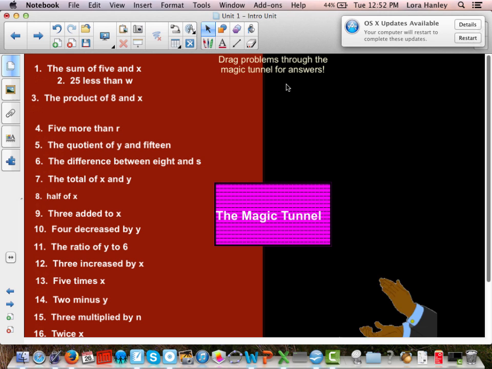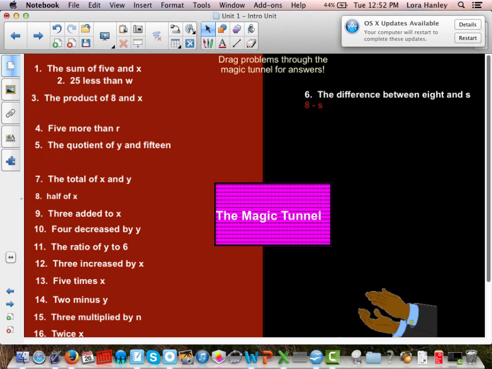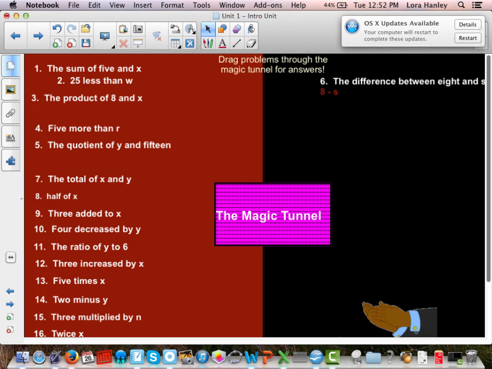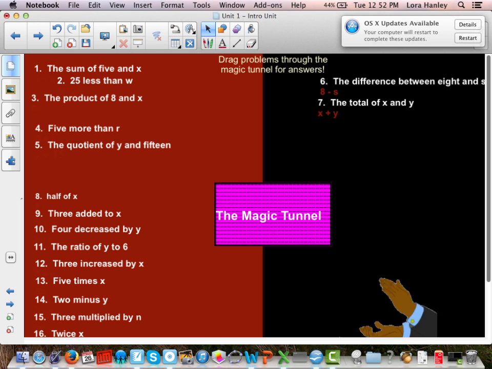Difference of 8 and s. Difference is subtraction, so we see 8 minus s. The total of x and y. When you total something, you are adding them up. So we see x plus y. Half of x.